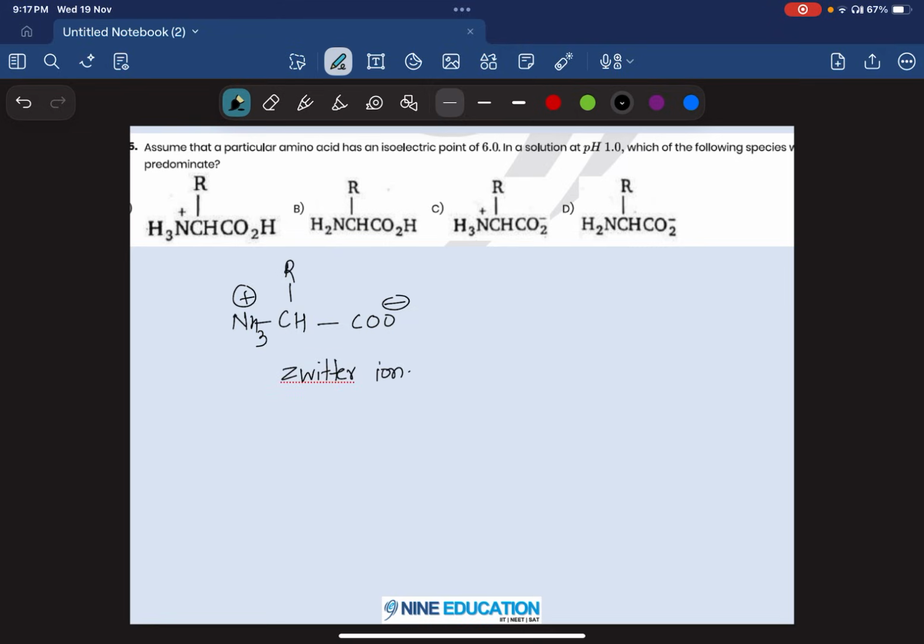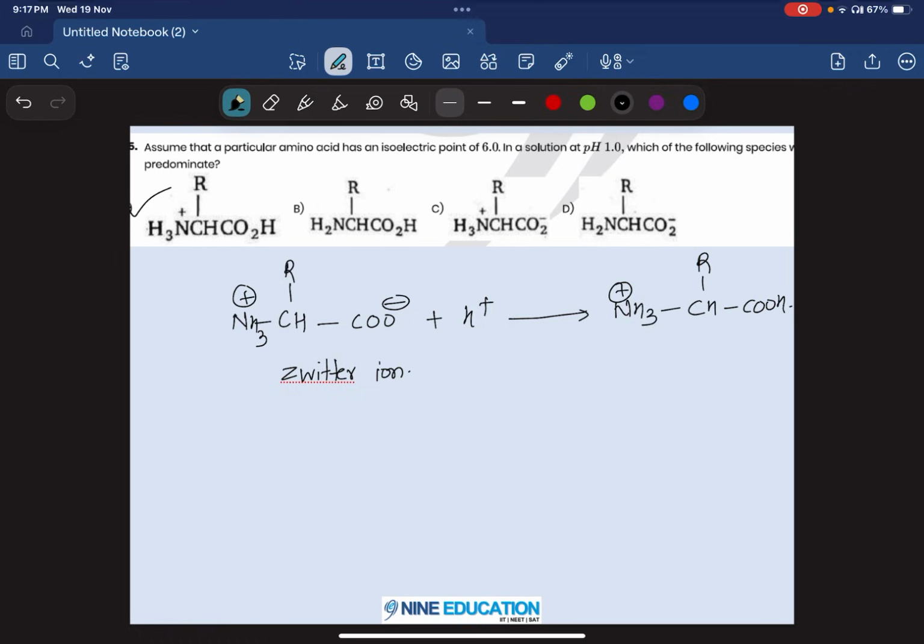So here, if you decrease the pH below the isoelectric point, that means in acidic medium, the acid produces H plus ion in the aqueous solution. This H plus ion reacts with this Zwitter ion to form this sort of molecule. The carboxylate group reacts with the hydrogen to form carboxylic acid, whereas NH3 plus remains as it is.